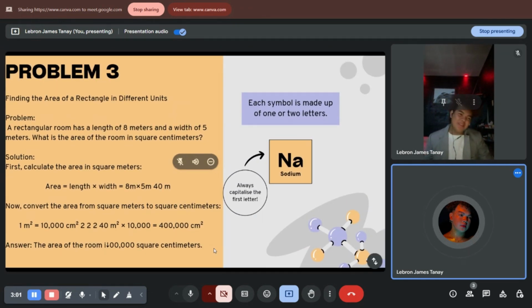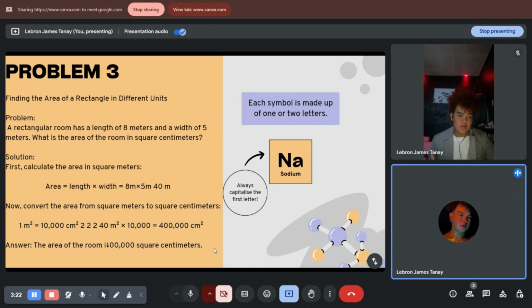Problem number 3, finding the area of a rectangle in different units. Problem: a rectangular room has a length of 8 meters and a width of 5 meters. What is the area of the room in square centimeters? The solution we're going to use is, first, calculate the area in square meters.